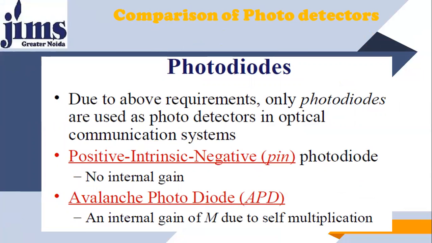Now, in photodiode, we have the positive intrinsic negative PIN photodiode, but that photodiode has no internal gain. And second is avalanche photodiode, and avalanche photodiode has an internal gain of M due to its self multiplication, right? That we already discussed. M is the multiplication factor or sometimes gain factor.